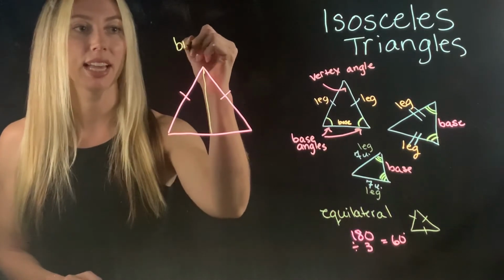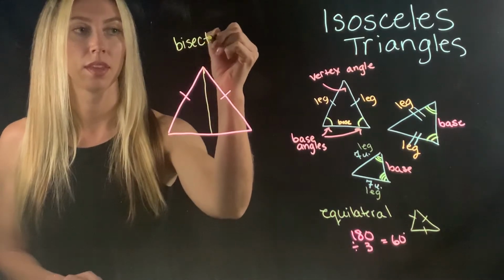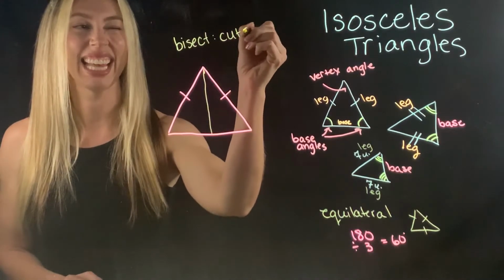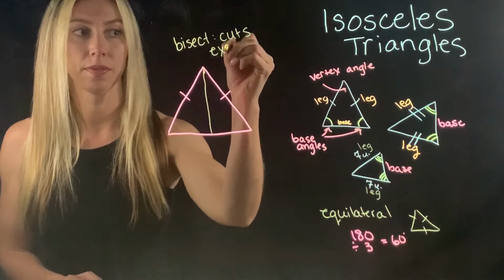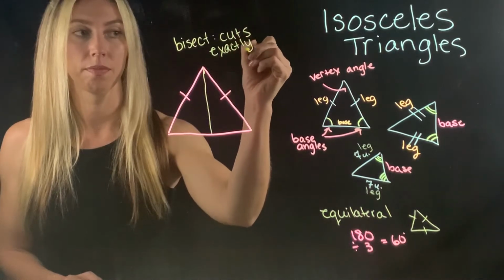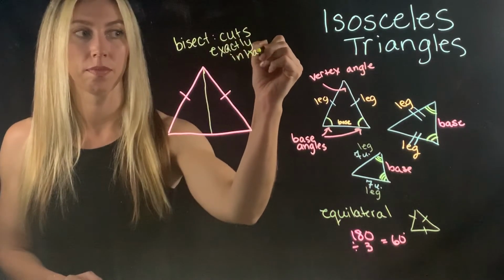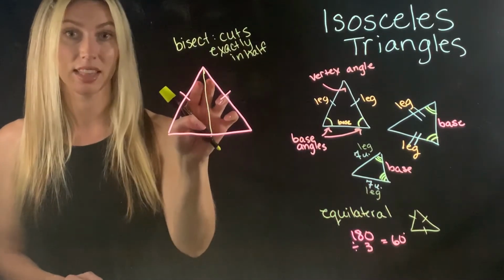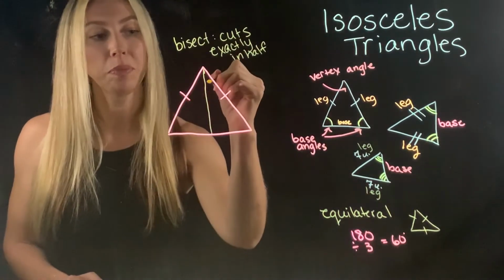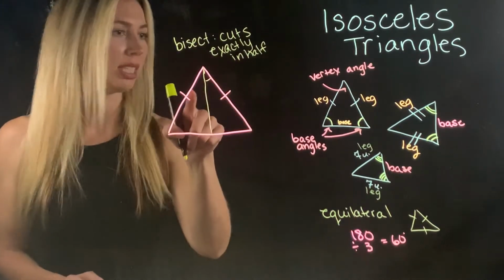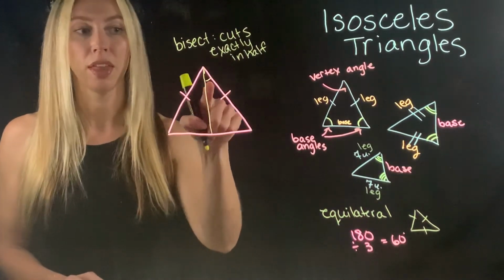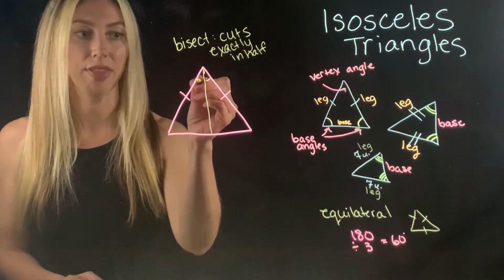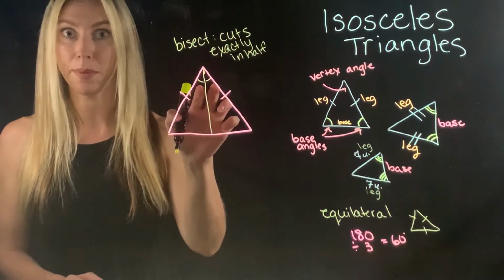So the word bisect means cuts exactly in half. So if you're sure that this line bisects this vertex angle, so let's say the top angle was 70, this part would be 35 and that part would be 35. They would be the same.